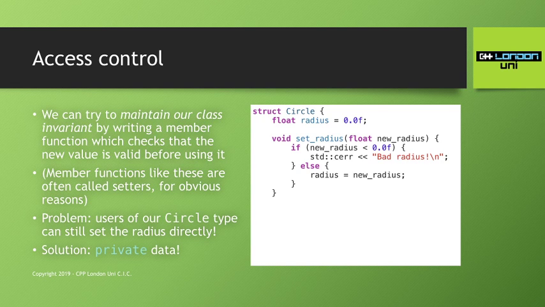Multiple ways of handling it. Return false would be another option. But in this case, I'm just printing an error message. Otherwise, if the new radius is not less than 0, we're going to update our radius member. It's this guy up here. We're going to update that with the new radius because we know it's all right.